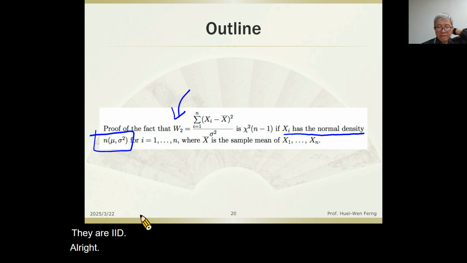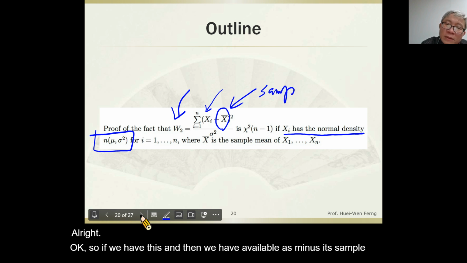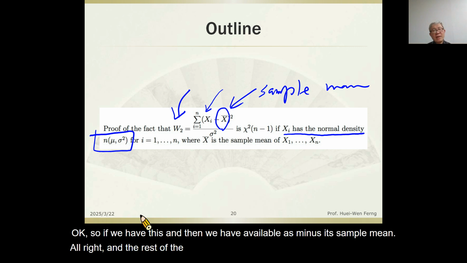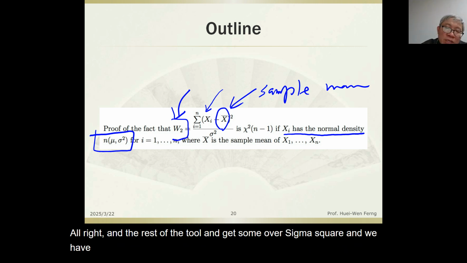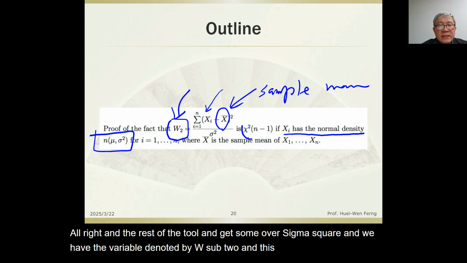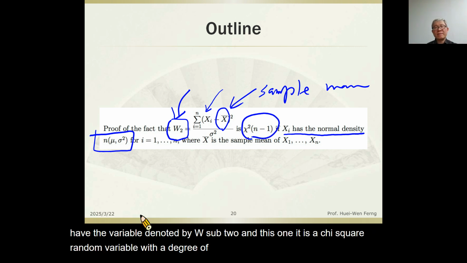Okay, so if we have these, then we have the variable x minus its sample mean, raised to the power of 2, and take the sum over sigma square, and we have the variable denoted by w sub 2. This one is a chi-square random variable with a degree of freedom n minus 1.